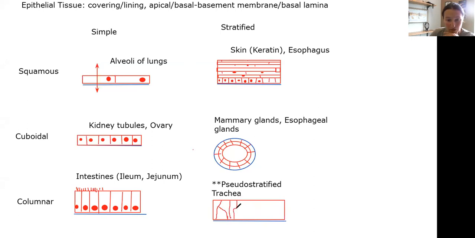So the way that you can tell pseudostratified versus simple columnar epithelial tissue is generally, again, looking for those nuclei, right? So you'll have some up here, you'll have some down here, and essentially this tissue is going to look like it is stratified, but if you look closely, all of these cells technically are attached to that basement membrane.